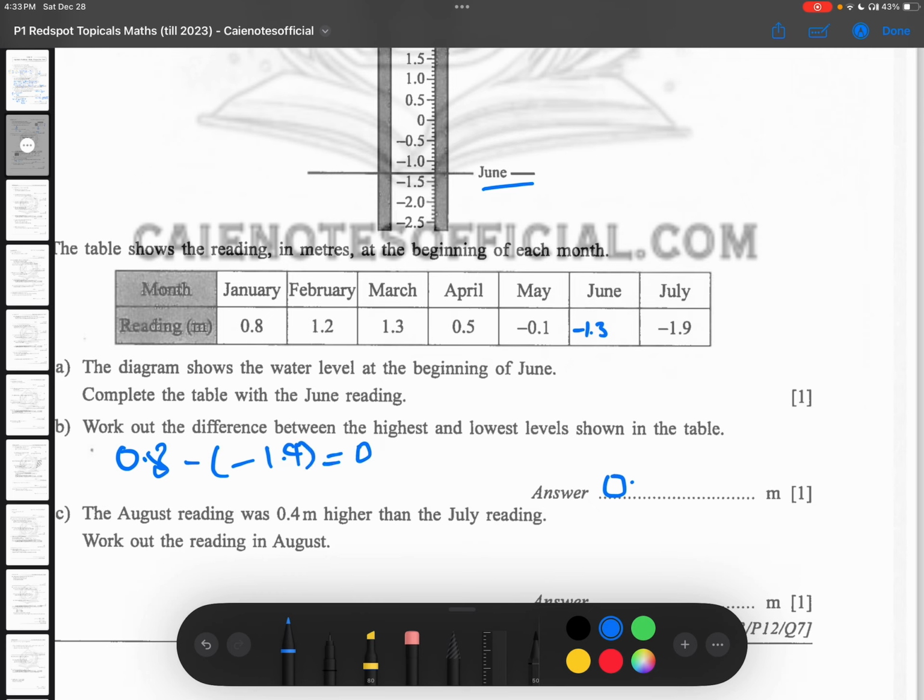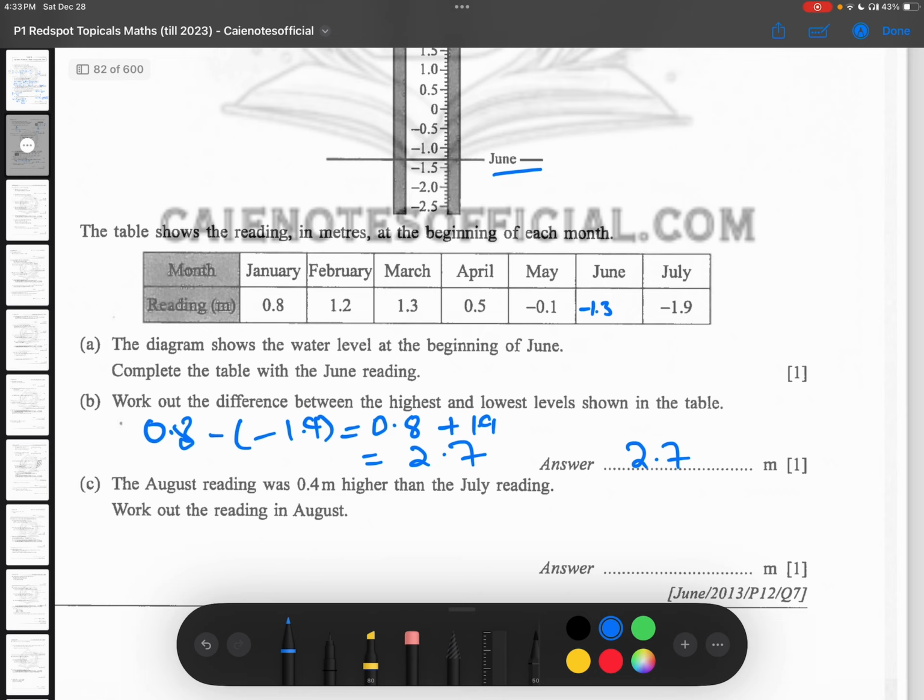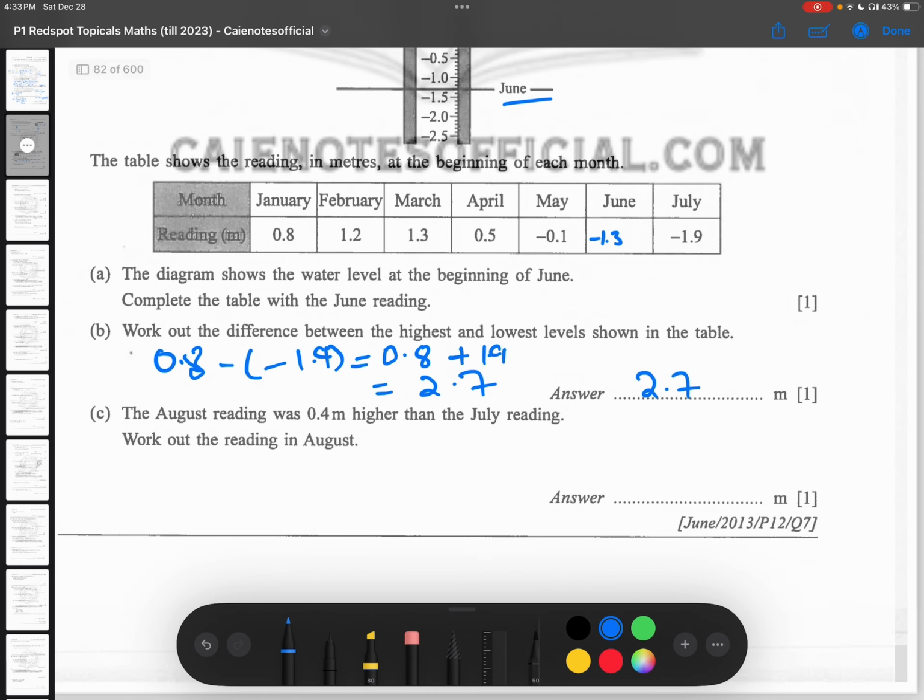When we open the bracket, we are going to add 0.8 and 1.9 and this will be equal to 2.7. So this will be our answer for part B, 2.7 meters.